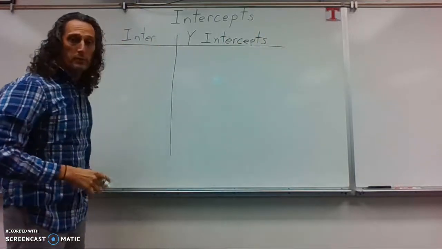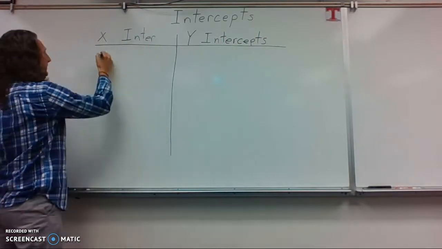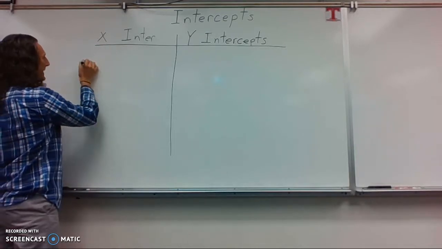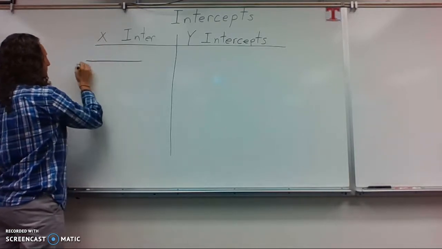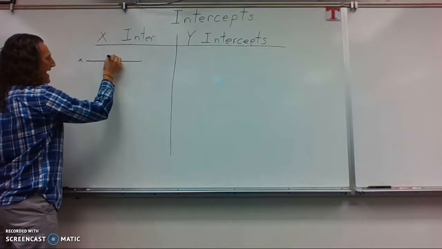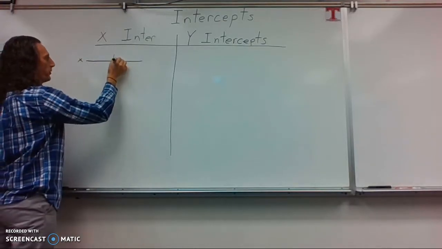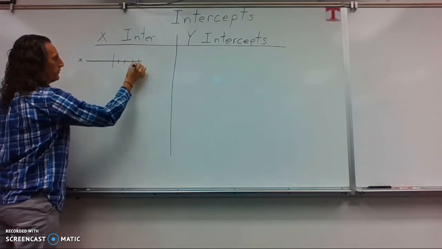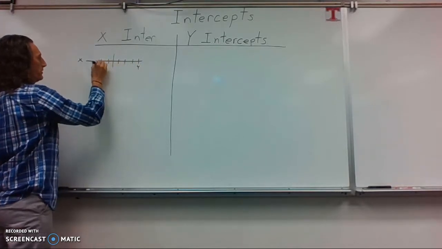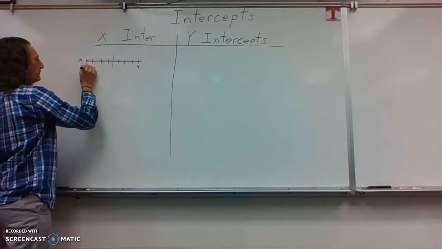All right, so I'm just going to draw a small coordinate plane over here. And I'm going to highlight the x-axis on this one. Make the y-axis short. I'm just going to number real quick. 1, 2, 3, 4. 1, 2, 3, negative 4.